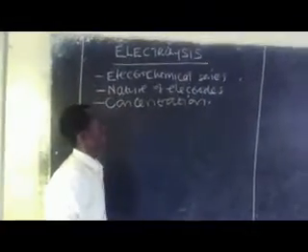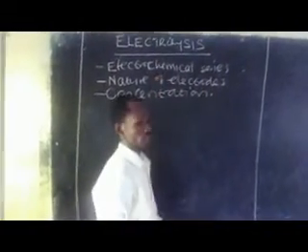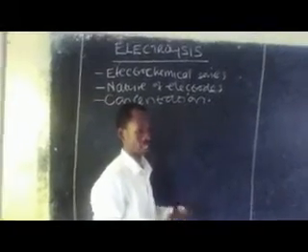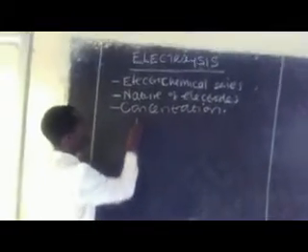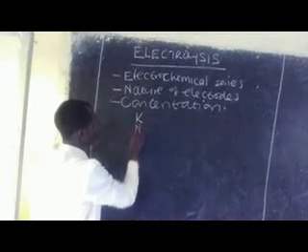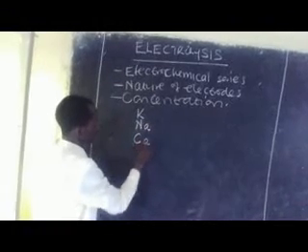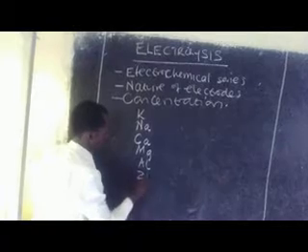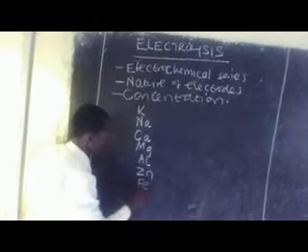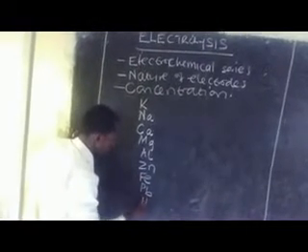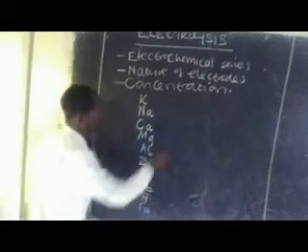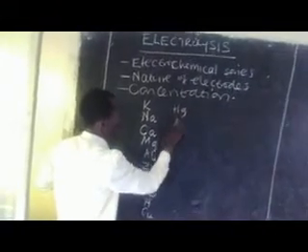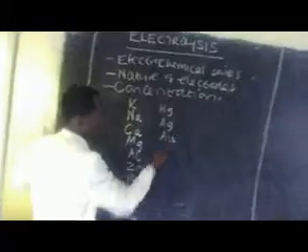Now last time we were looking at the electrochemical series and we said elements which are more reactive are discharged last. We said that looking at the metals we had potassium, sodium, calcium, magnesium, aluminium, zinc, iron, lead, hydrogen, copper, then mercury, silver, and lastly gold.